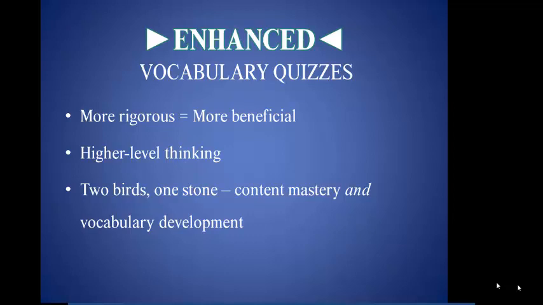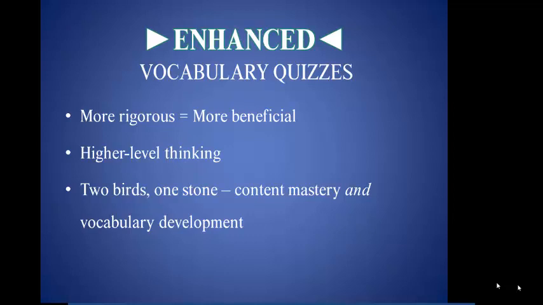It's a more rigorous task, therefore, it's more beneficial for the student. We're engaging the students in higher level thinking skills. With Bloom's taxonomy, we're talking about analyzing, relating, applying, drawing connections among ideas. This is some higher level Bloom's.